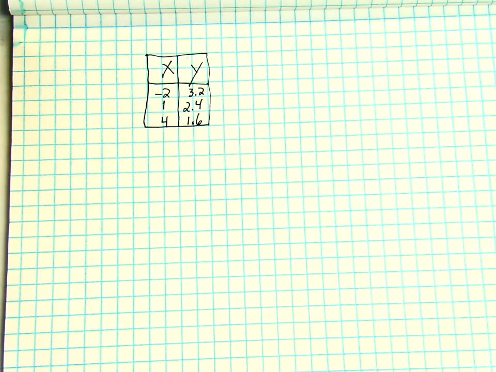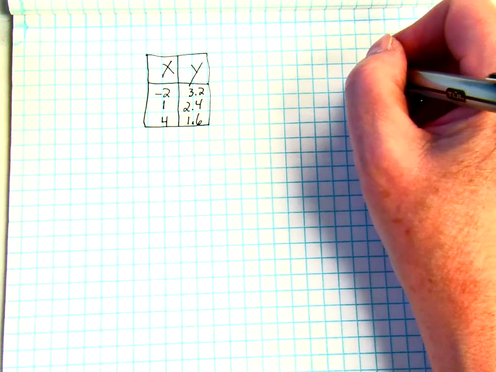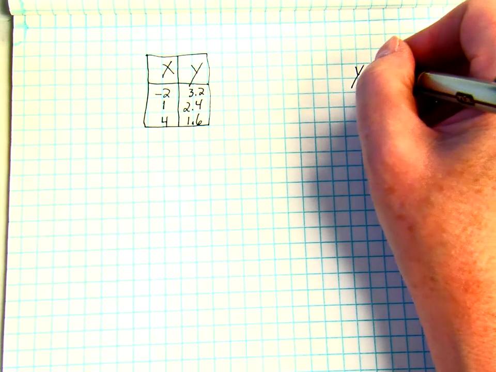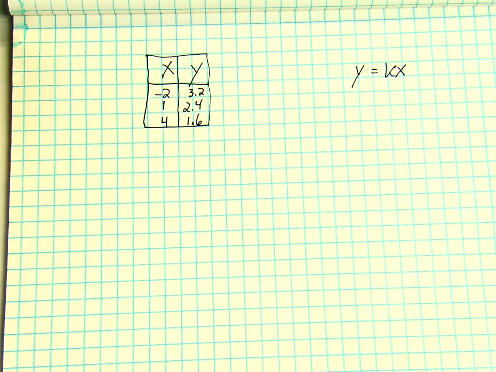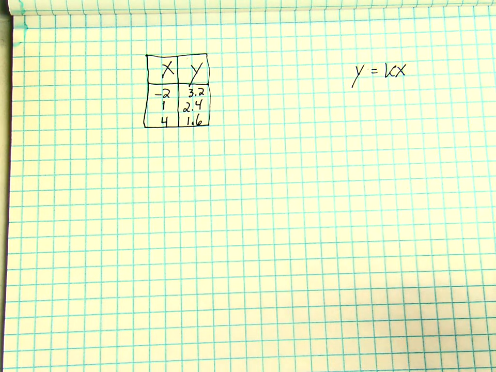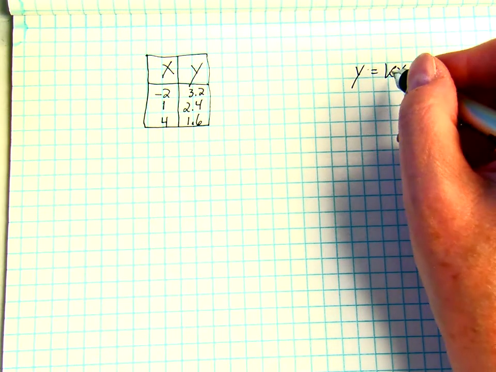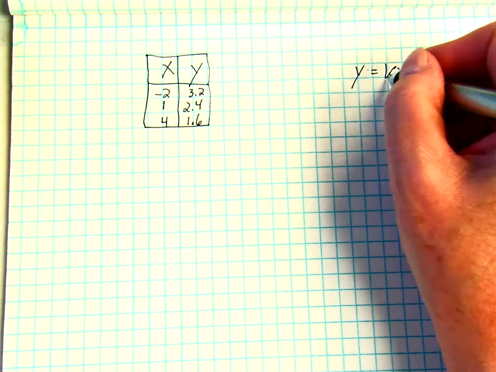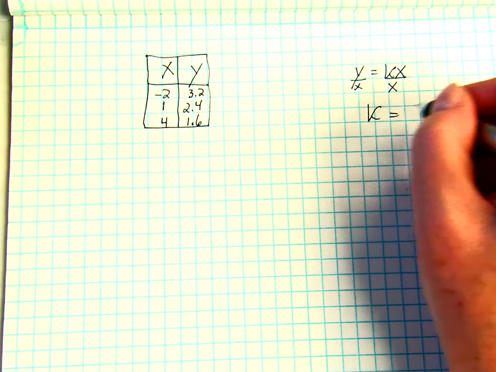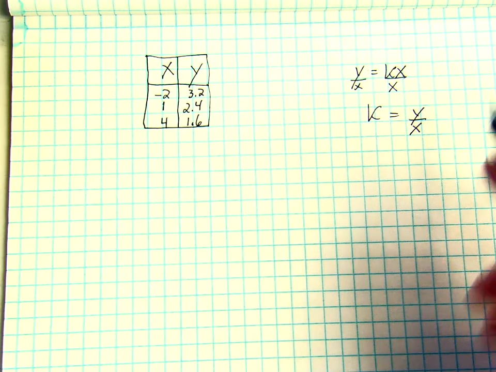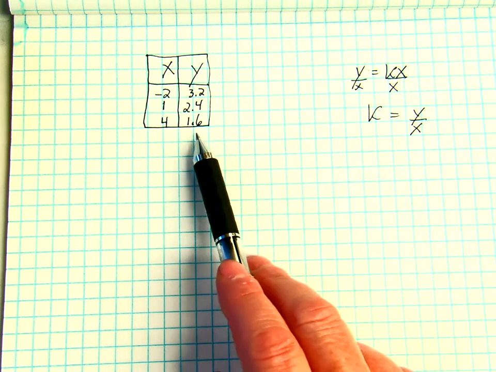So the first thing that we're going to say is that if you take y equals kx, and we have a direct variation, everything should stay constant. So my k, if I'm going to solve for that, I will divide both sides by x, and so k will equal y over x, and this should be the same for everything over here.